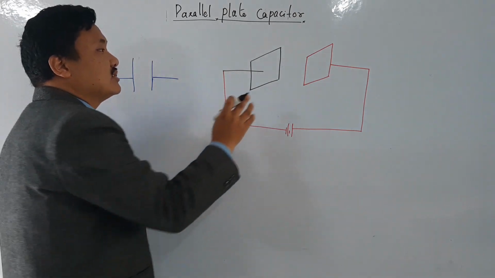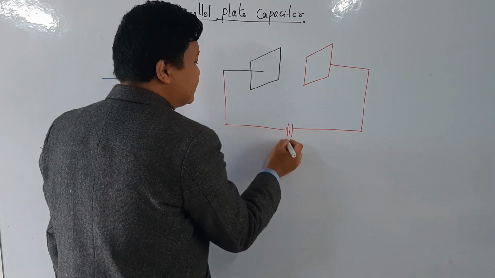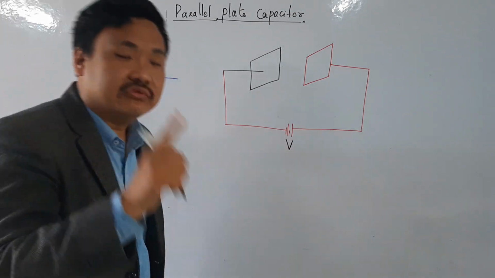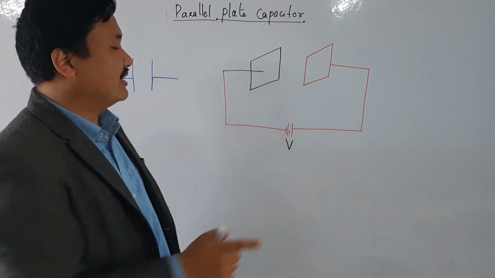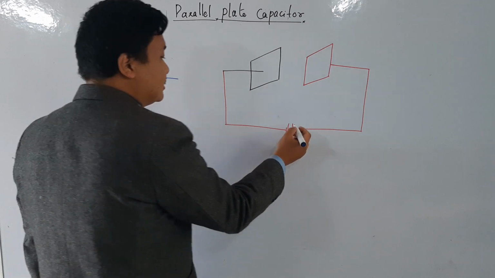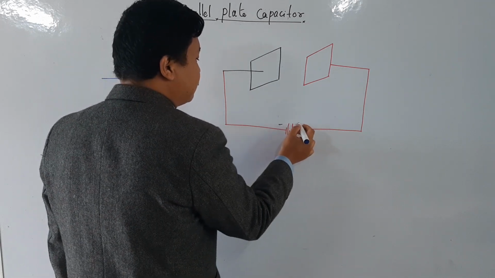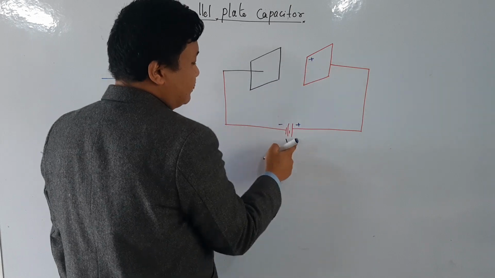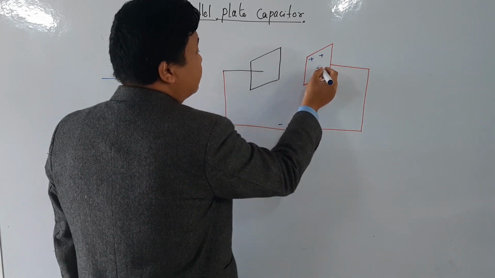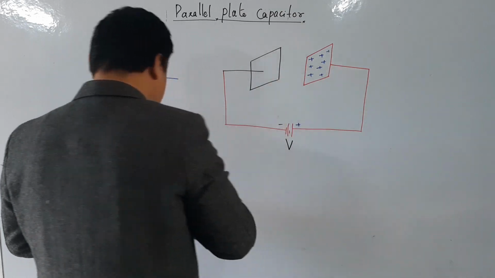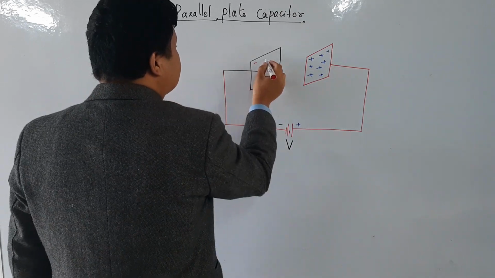Now to store the charge here, we connect it with a battery of V volt. As a result, because this is negative and this is positive, the plate connected with positive will have a positive charge accumulation, and here there will be negative charge accumulation.